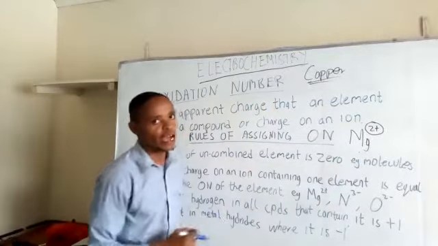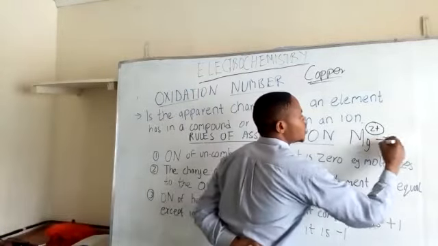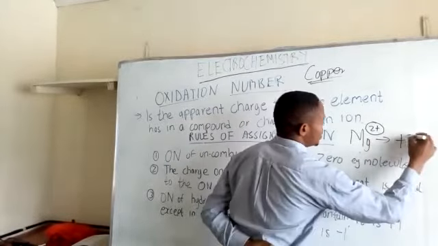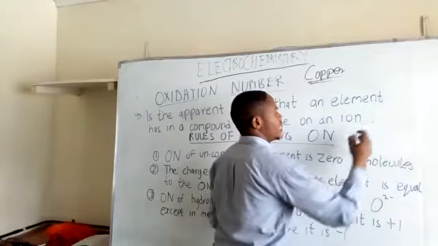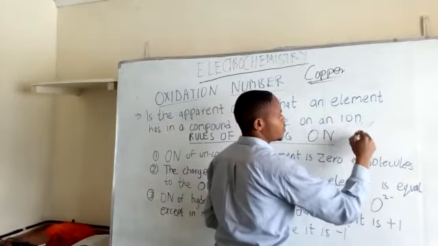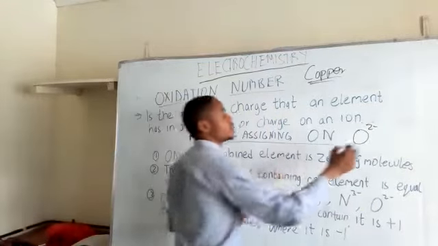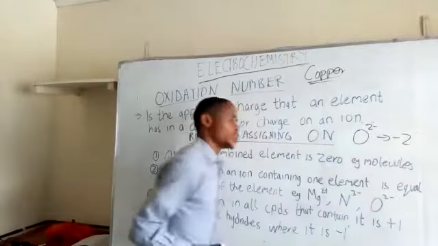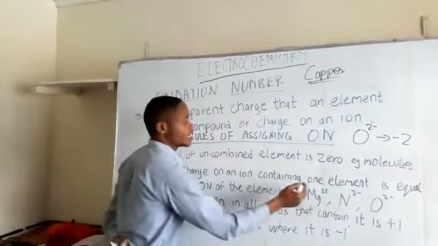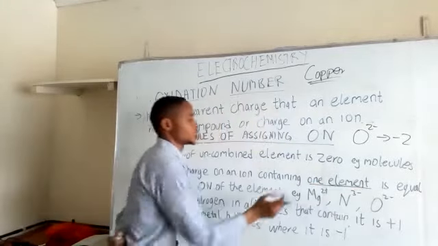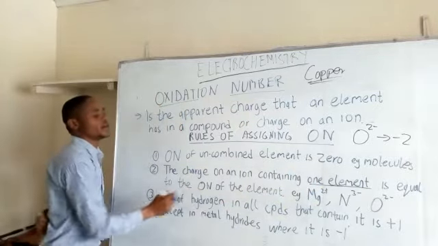We start with the number followed by the sign, but when we come to writing the oxidation number, we start with the sign followed by the number. Same case if it was an oxide ion, the oxidation number in that case is -2. So the charge on an ion containing just one element, not a radical, is equal to the oxidation number of the element.